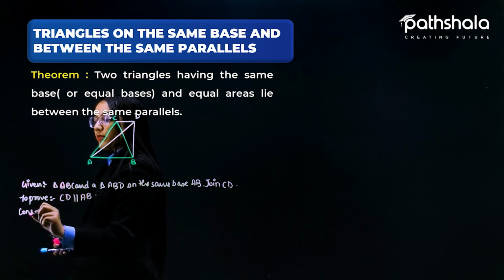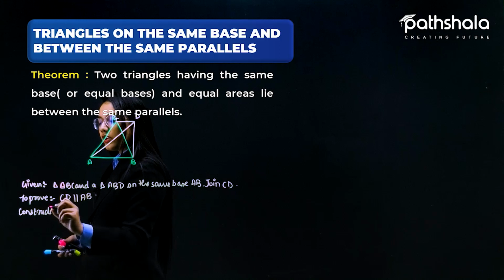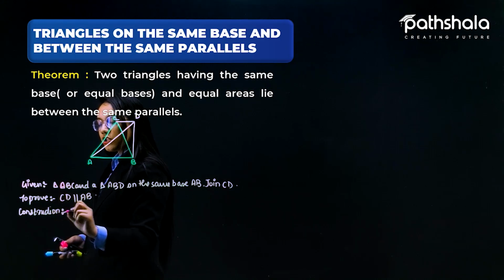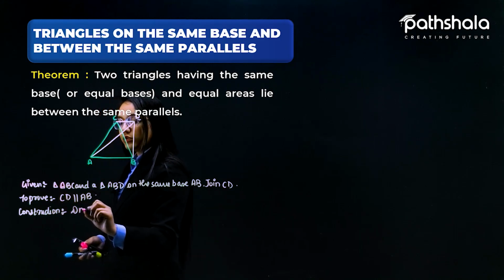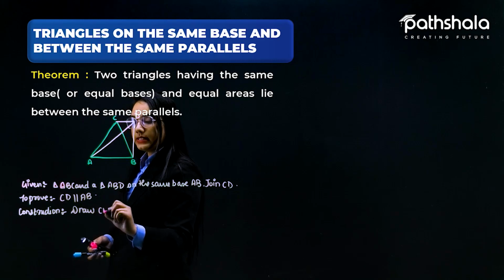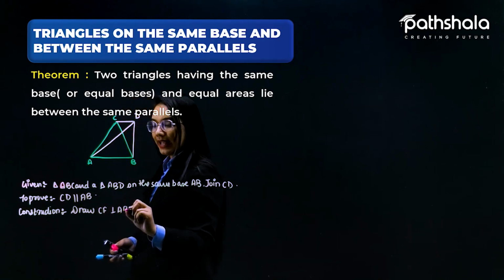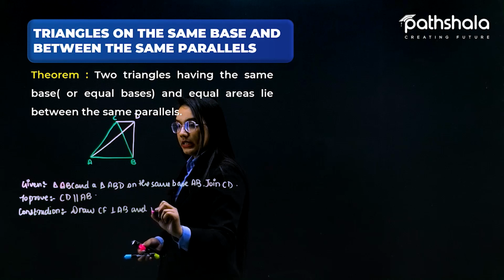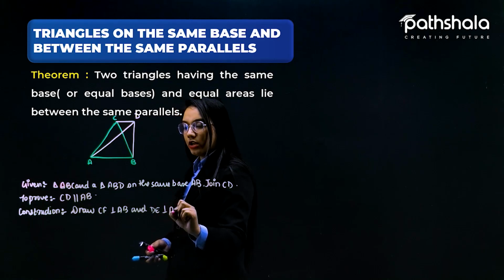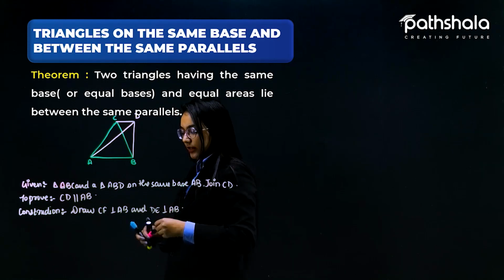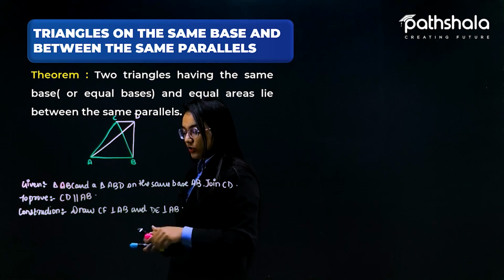Let me do a little bit of construction. Draw CF perpendicular to AB and DE perpendicular to AB. So I'm drawing two perpendiculars over here.